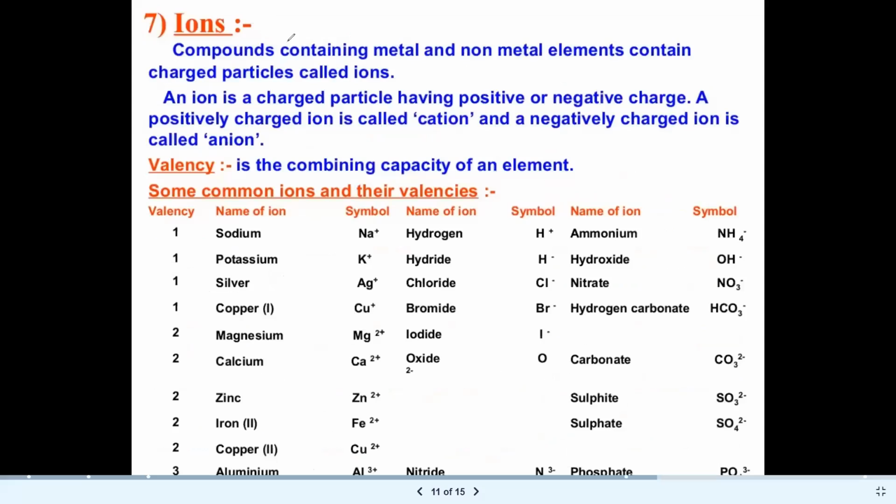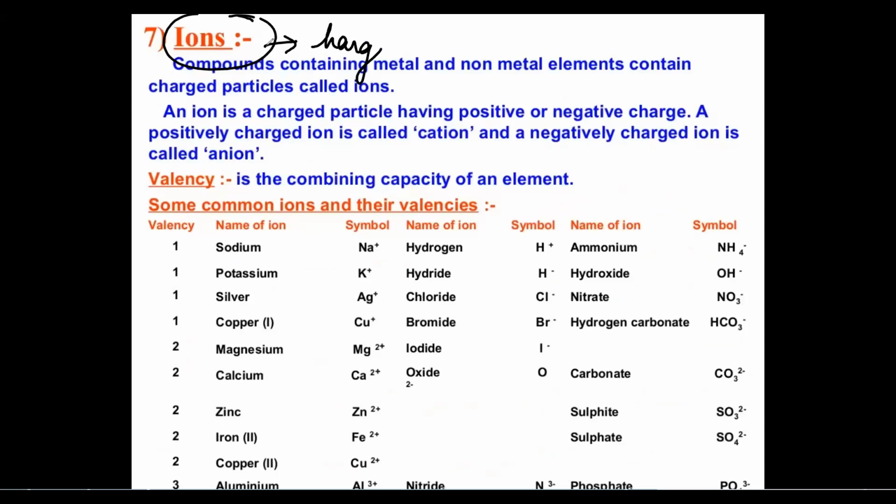Now, coming to the ions. What are ions? Ions are charged particles. Ions can be categorized into two parts, cations and anions. Cations are positively charged and anions are negatively charged particles. That is something very important.